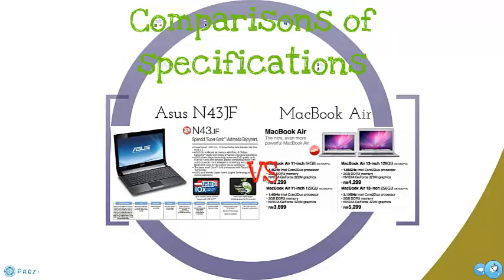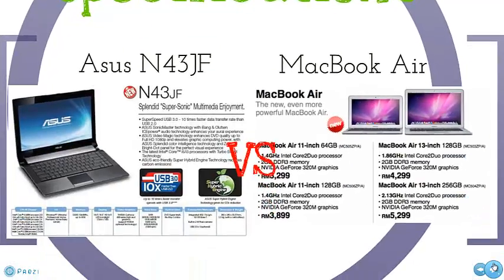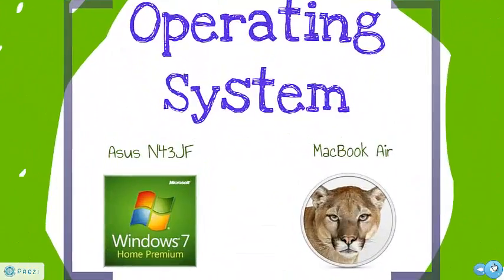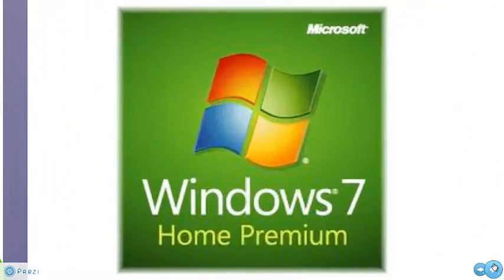Next, we will compare the specifications between ASUS N43JF and MacBook Air. Let's start with operating system. The operating system of ASUS N43JF is Windows 7 Home Premium. It offers the best entertainment experience on your personal computer, making the things you do every day easier.